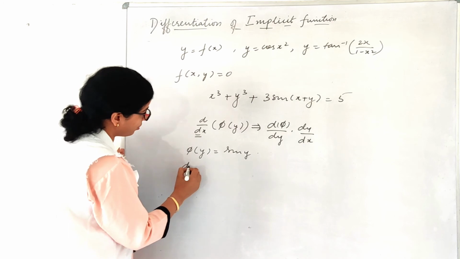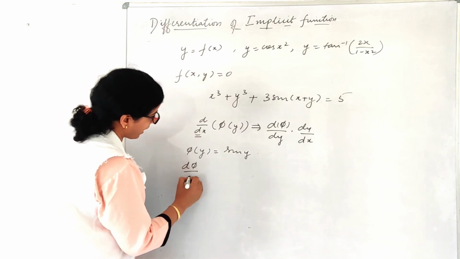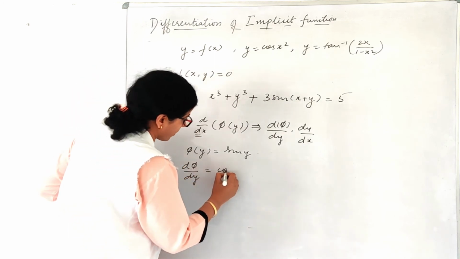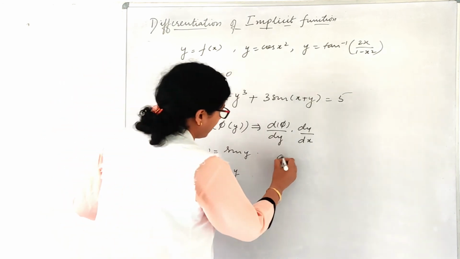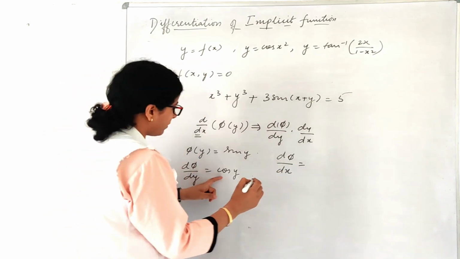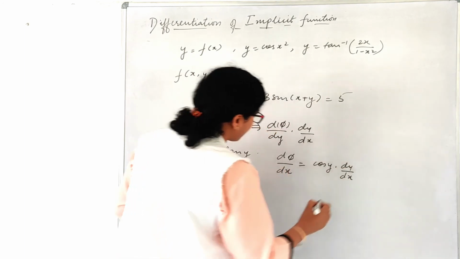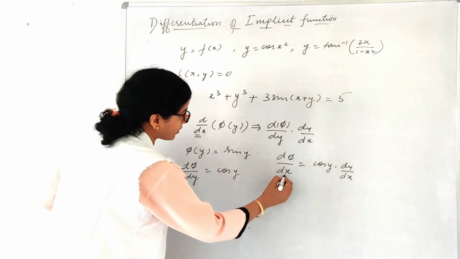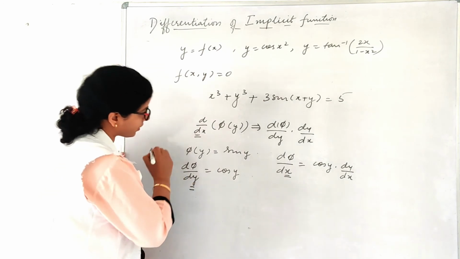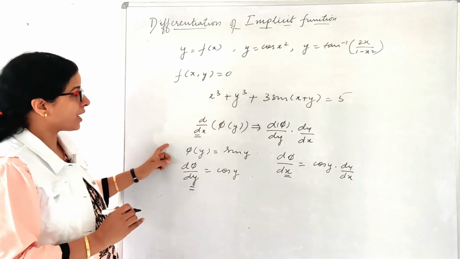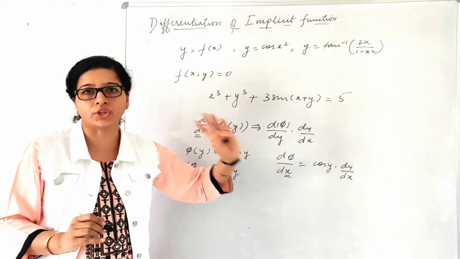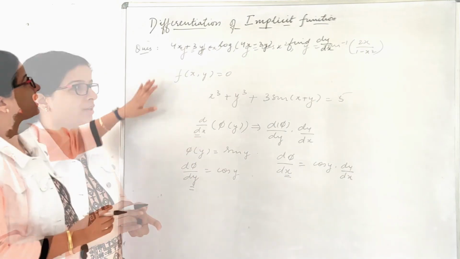If I want to find d phi upon dy, it will be cos y. But if I want to find d phi by dx, it will become cos y into dy by dx. Is that clear? Because I am differentiating with respect to x. Here I am differentiating with respect to y. So check in what respect we have to differentiate our function. Is that clear? Now let us take this question.